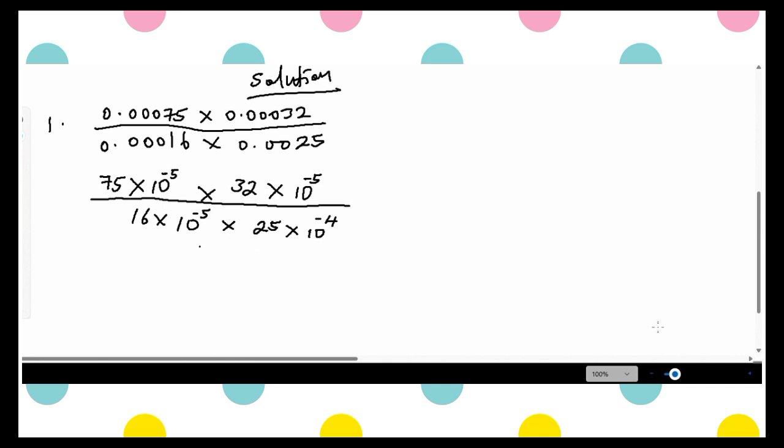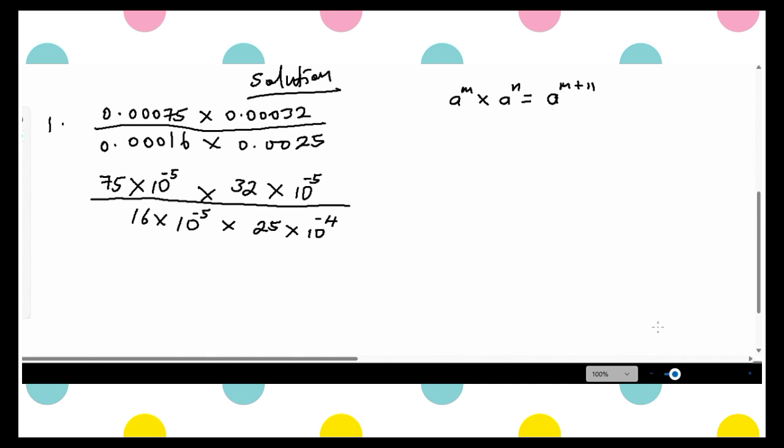Okay, now at this point, according to indices, when we have a raised to the power m times a raised to the power n, we said this could be written as a raised to the power m plus n, isn't it?